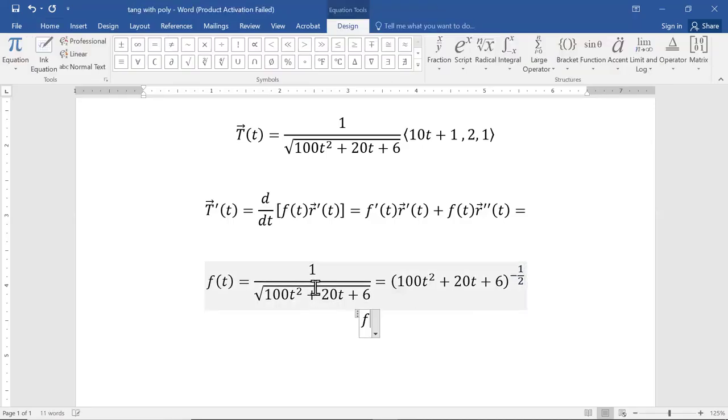That means when I take a derivative of f of t, I get negative 1/2 times 100t squared plus 20t plus 6, all raised to the negative 3/2 power. So that's what I get for my f prime.